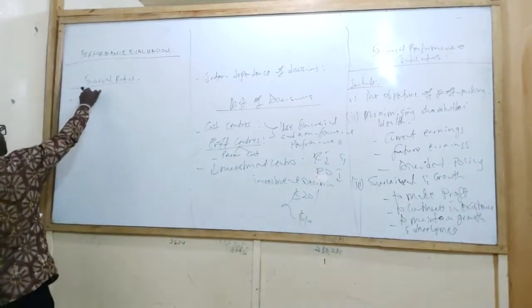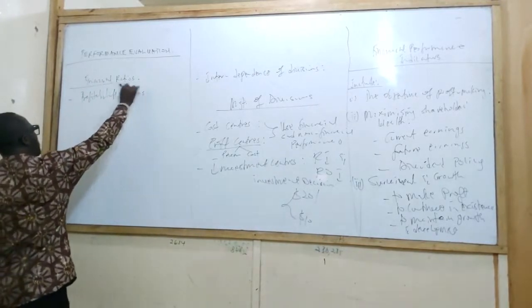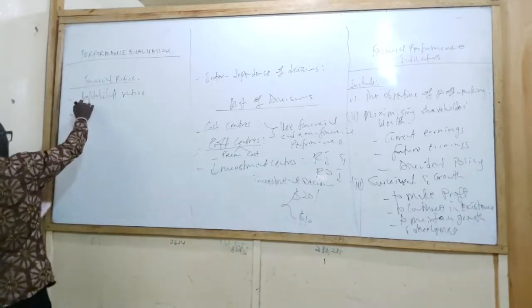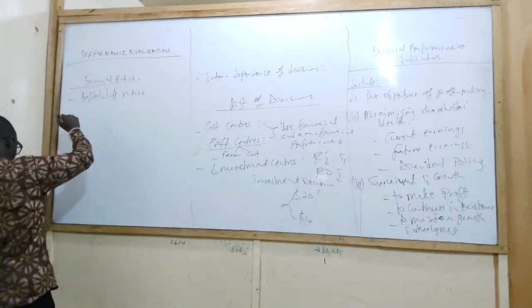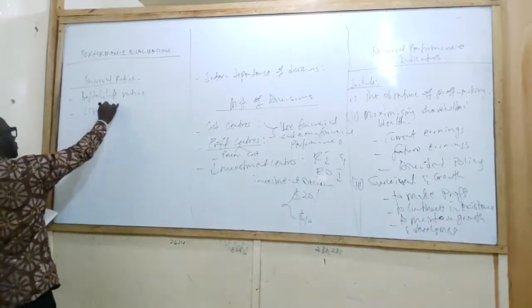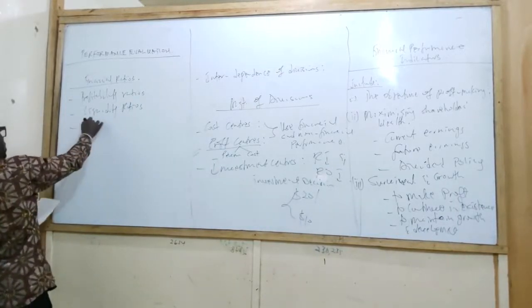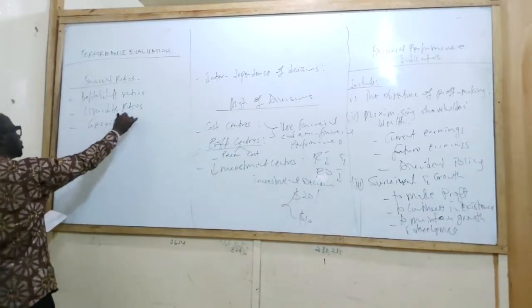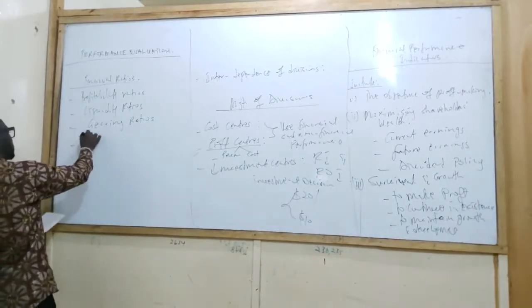And these are profitability ratios, liquidity ratios, gearing or gearing ratios, depending on the school you attended, and the teacher who taught you phonics.